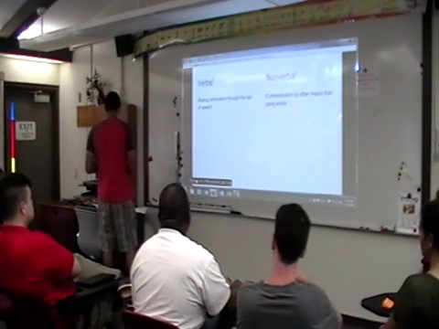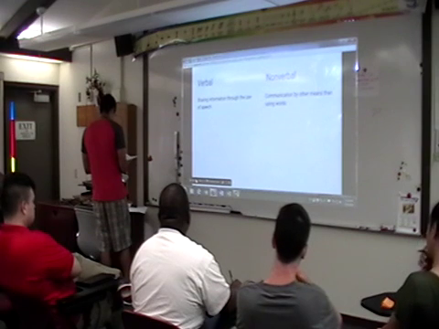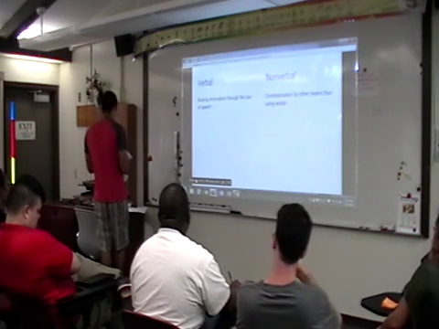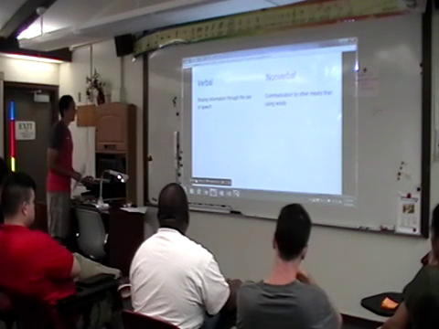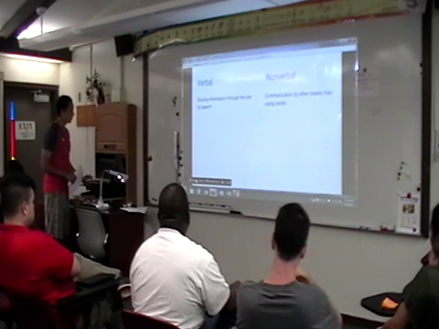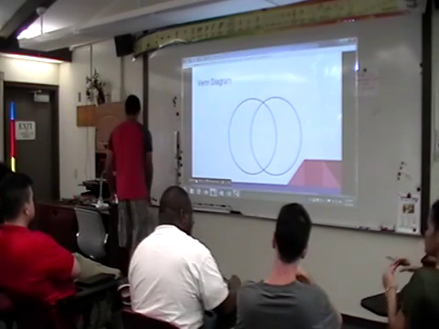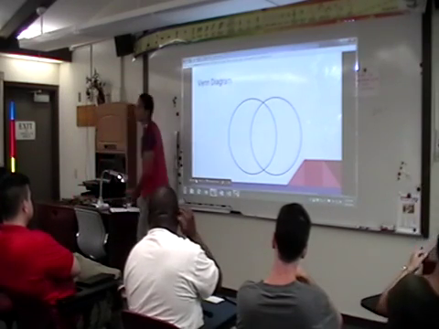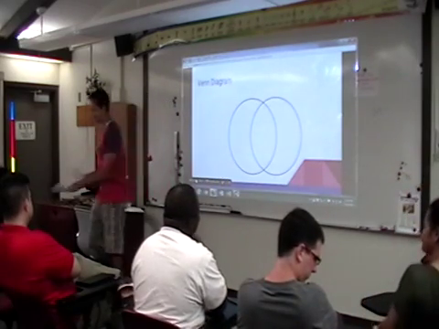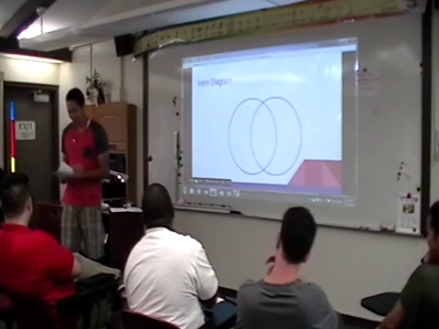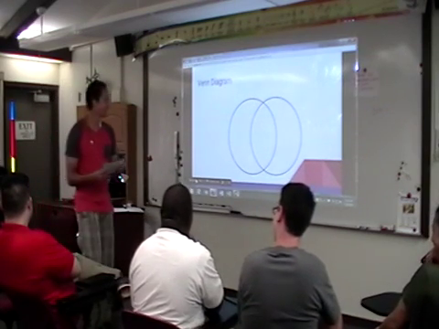So what we are going to do is switch gears and have a Venn diagram, and this is how it's going to work. One side is going to be verbal communication. I didn't print these out, I drew these out, so don't judge my artwork.